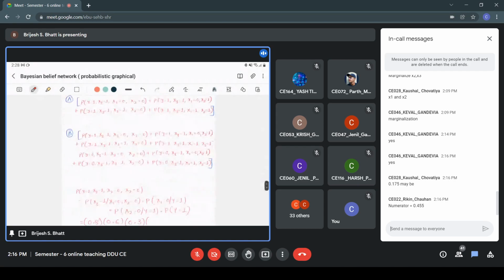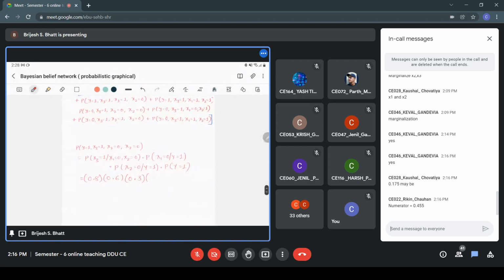So tell me if I'm making any mistakes here. And this turns out to be 0.8 into 0.6 plus 0.3 into 0.7. Let me get the calculator.